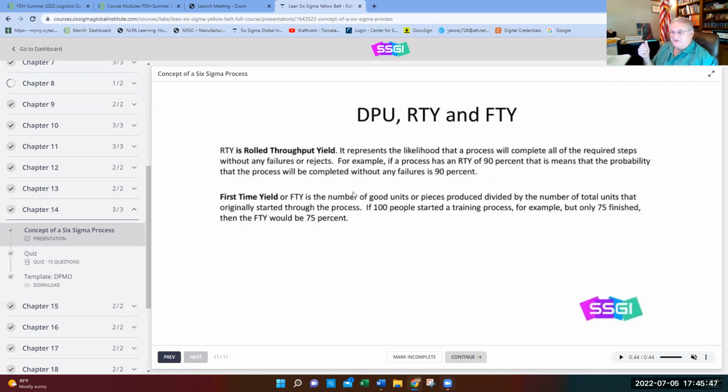So they use these to identify if there is a process problem. Like it could be that one of the machines is out of adjustment, or they got a brand new worker that doesn't understand all the ins and outs.